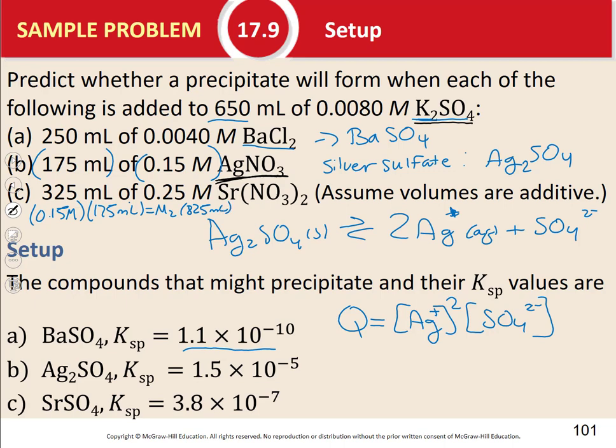So our molarity of silver is going to be 0.032.